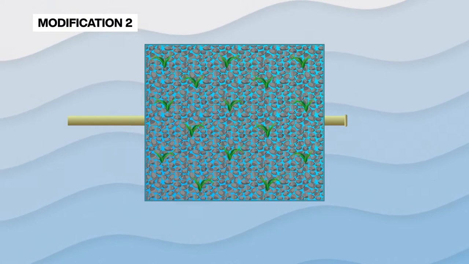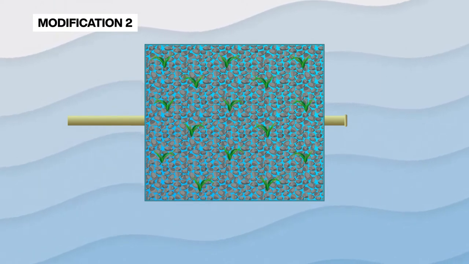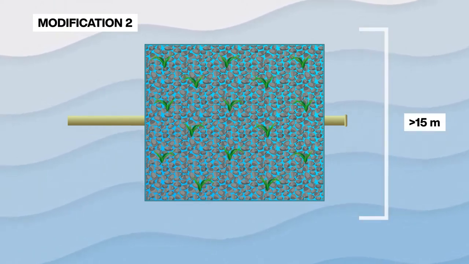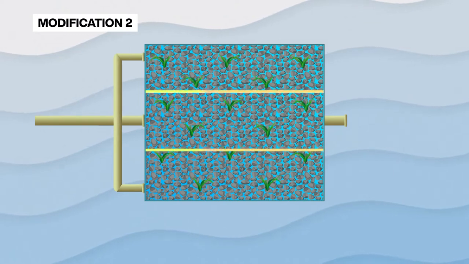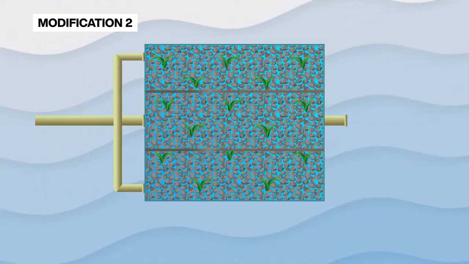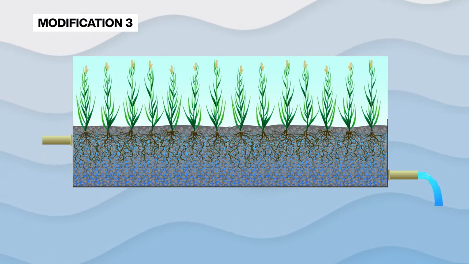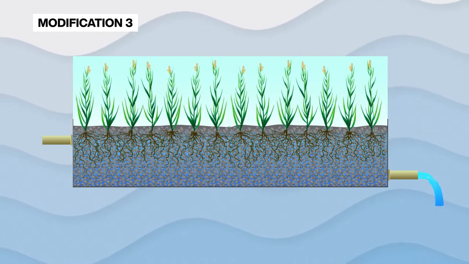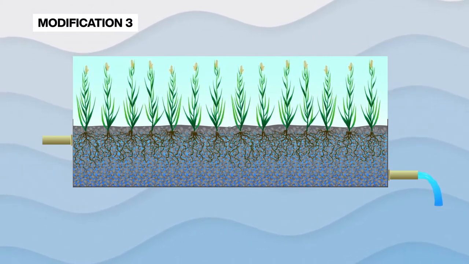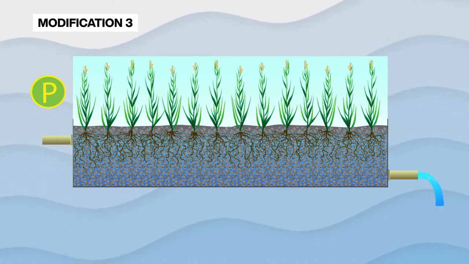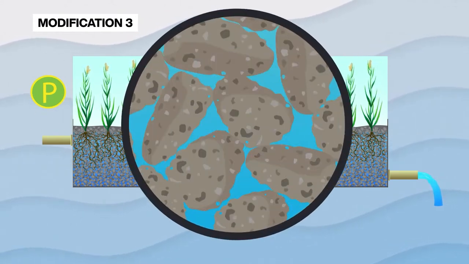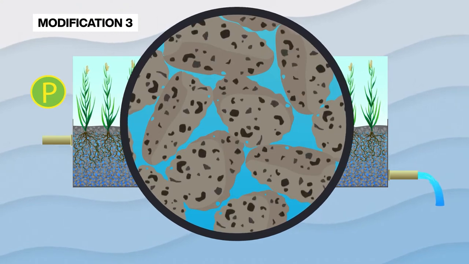If a wetland construction is to have a width of more than 15 meters, influents are divided into 2 or more venues separated by baffles. Modification 3. Sometimes specific industrial substrate materials are used for intense phosphorus removal instead of gravel. For example, calcite alumina, which has a high sorption capacity.